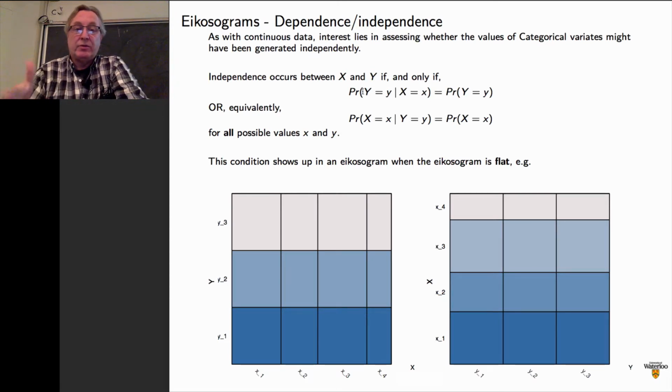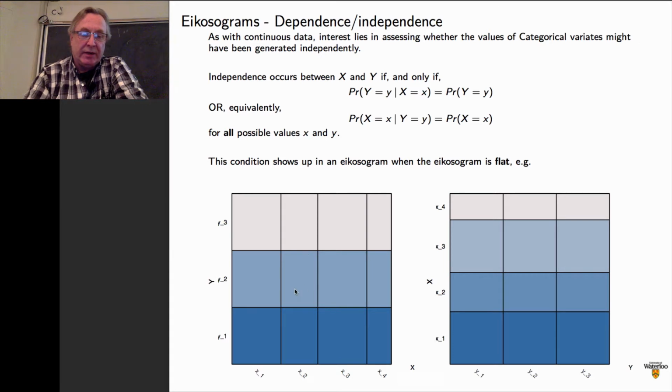Particularly, they're independent for those particular values, but also they're independent for all values, provided that holds for all values of little y and little x. And if you have one, you have the other way around, because of Bayes' theorem, so that equivalently the conditional probability for x given y is going to be the same as the marginal.